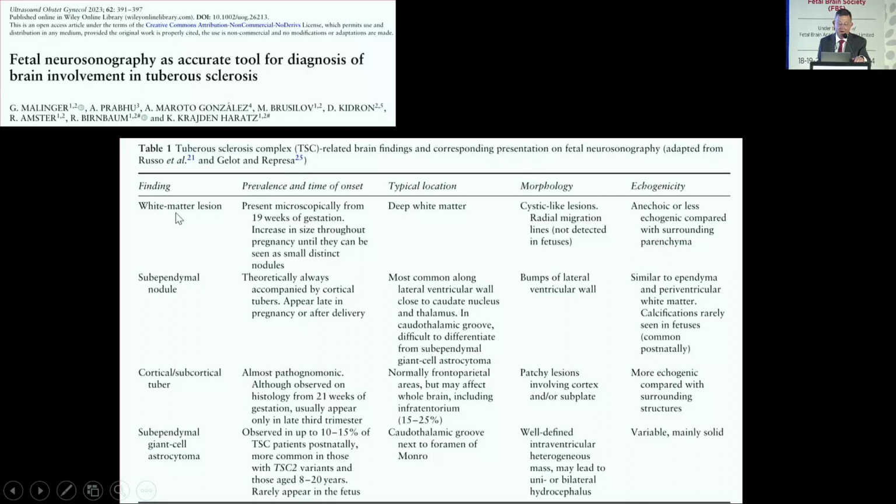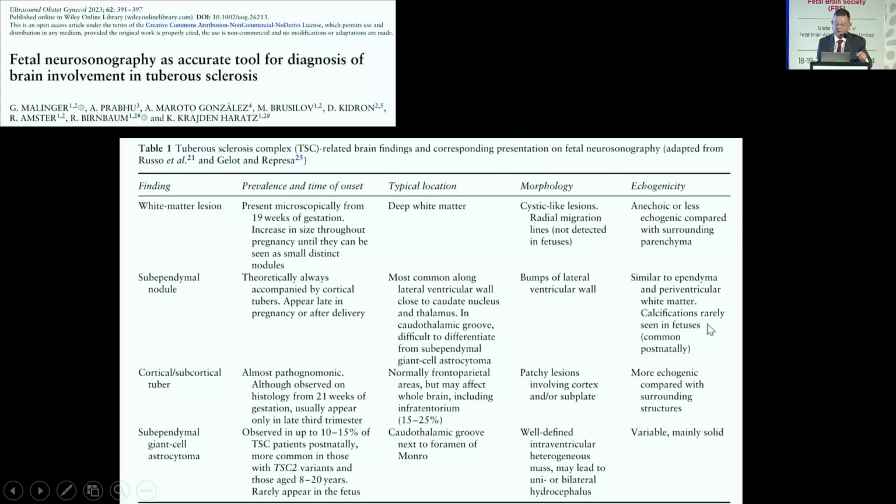The white matter lesions, which are very rarely seen in ultrasound, appear as echogenic or very low echogenicity when you compare with the surrounding parenchyma. Subependymal nodules, and I think that yesterday Ravi showed one case with a subependymal nodule. Again, subependymal nodules are much better seen by MRI than by ultrasound, but we were able to see them, if you know what to look for, because the echogenicity is similar to the ependyma and the periventricular white matter.